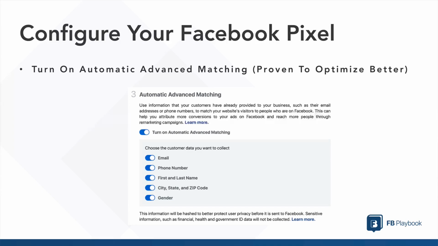By turning this on, it is proven to optimize better. Facebook will use more customer data that you want to collect to really help you optimize your campaigns. We've turned this on and we've seen significant results by simply having automatic advanced matching in place. So whatever you do, make sure you turn on automatic advanced matching so that it provides Facebook more information to optimize your ads.